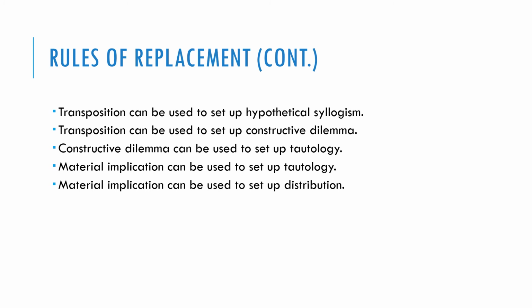Other things to think about are the ideas of transposition can be used to set up a hypothetical syllogism and constructive dilemma, and how a constructive dilemma and material implication can be used to set up tautologies. Lastly, material implications can be used to set up distribution.